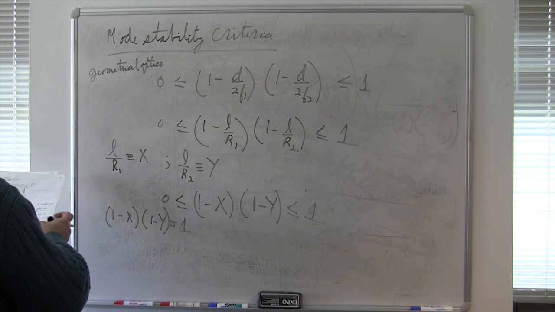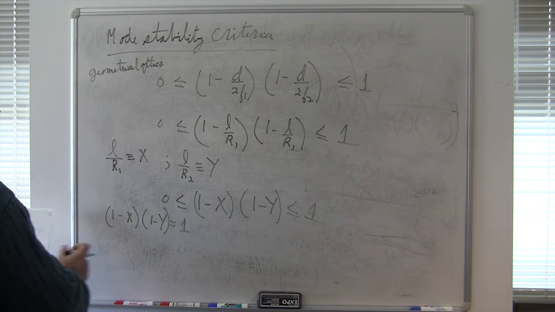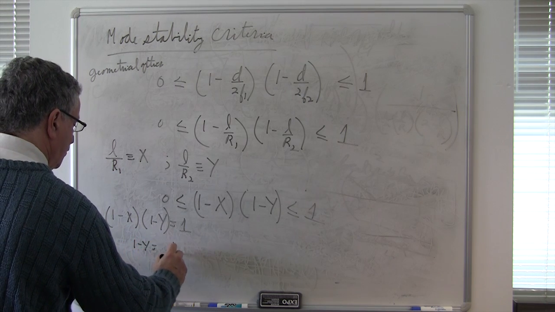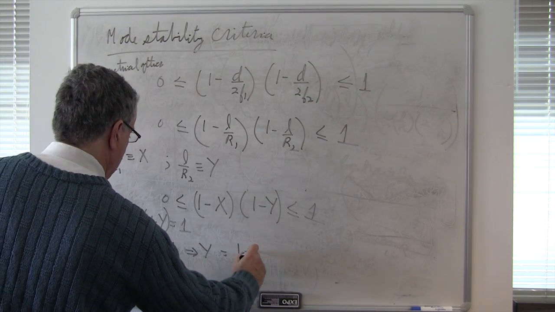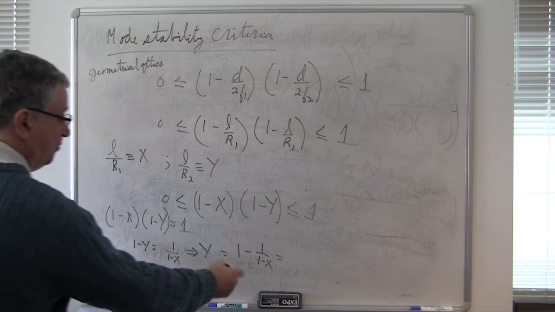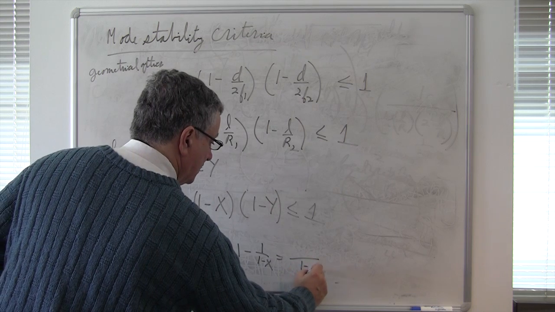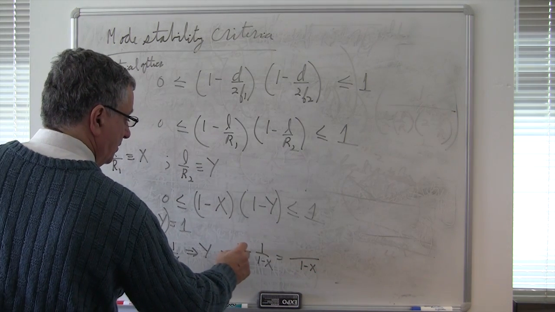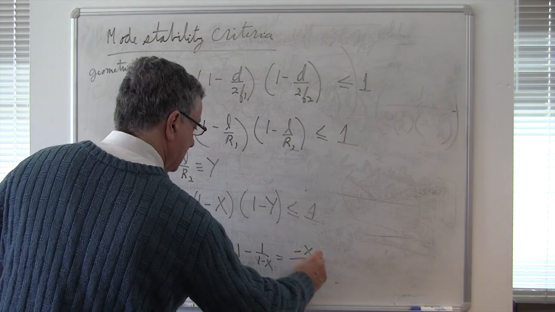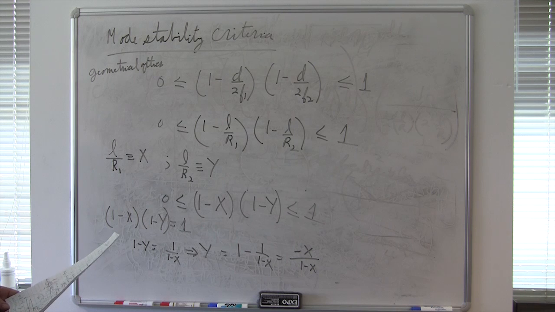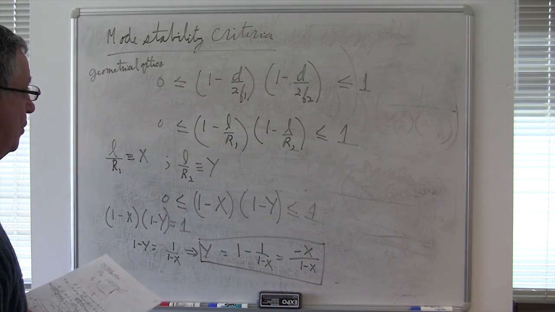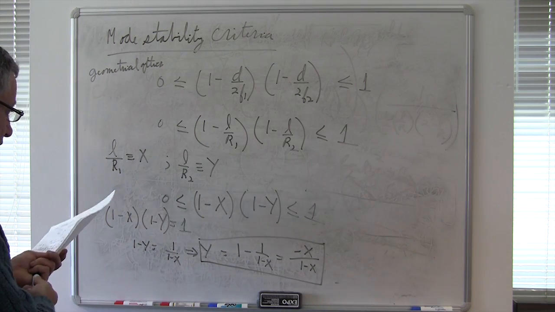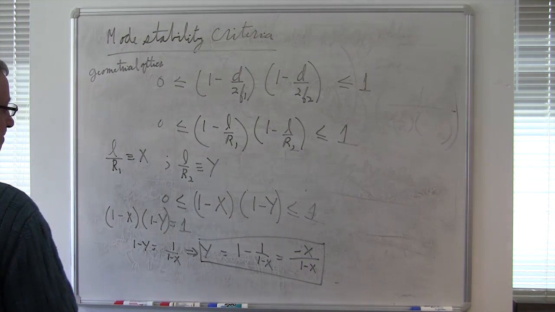When we do this, you can write that 1 minus Y is equal to 1 divided by 1 minus X, and this implies that Y is equal to 1 minus 1 over 1 minus X. Putting this on the common denominator, you get 1 minus X in the denominator, and 1 minus X minus 1, so you get minus X over 1 minus X. So Y is equal to minus X over 1 minus X. That would be an upper limit of stability.